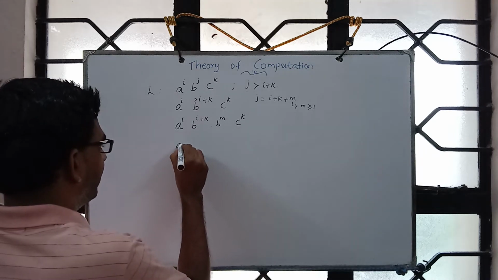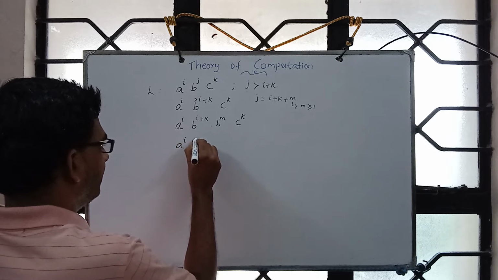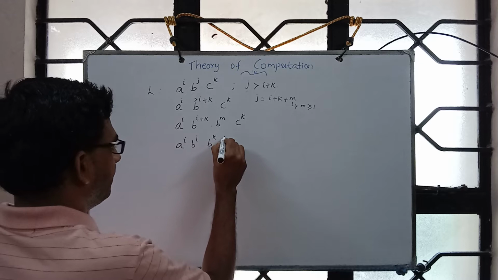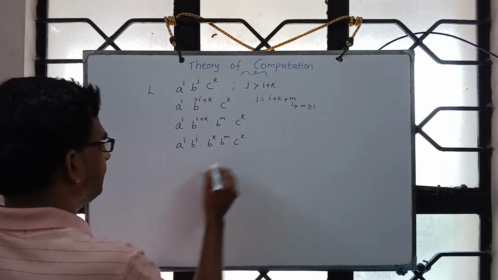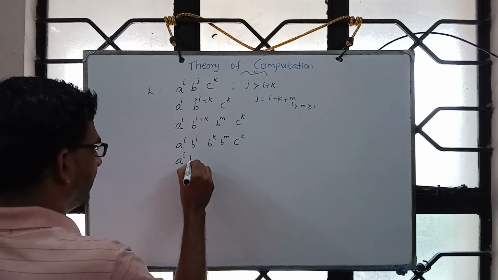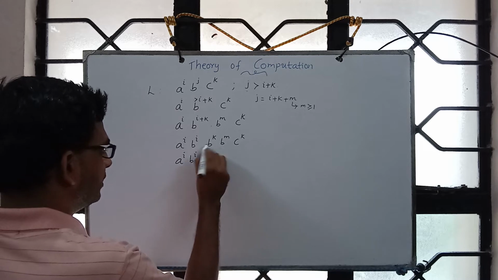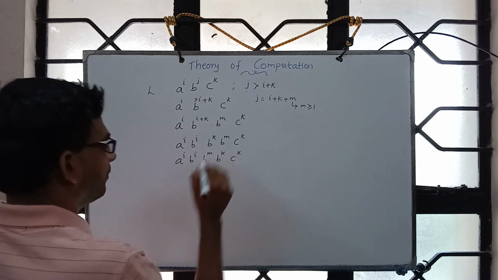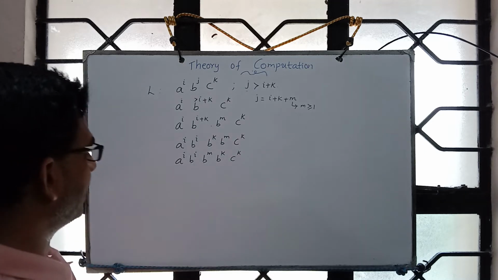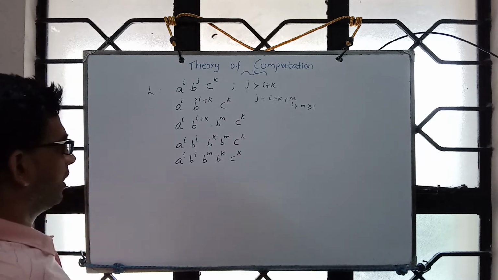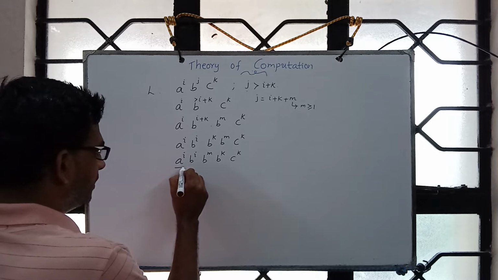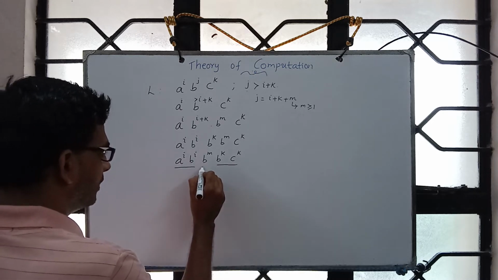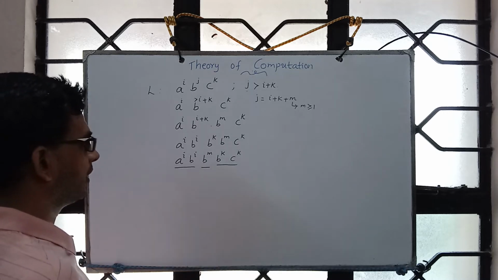This we further simplify and say a^i, b^i, b^k, b^m, c^k. So a^i b^i, this you rewrite b^k c^k. Remember, m is at least 1. Now, this we know, and this also we know.